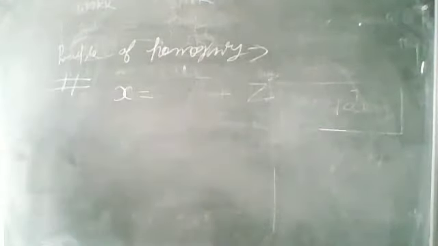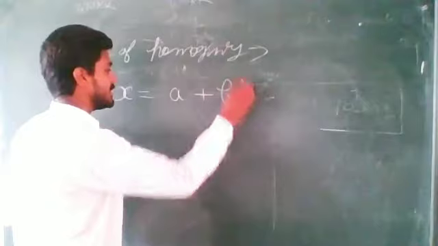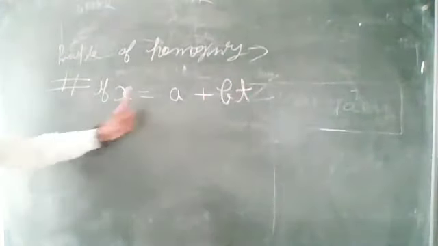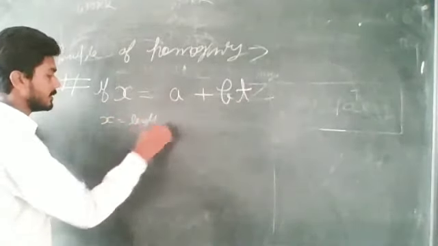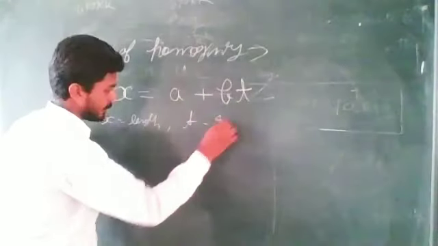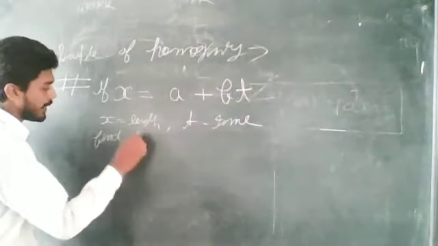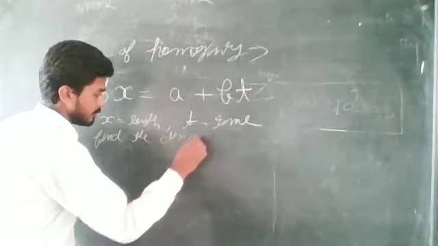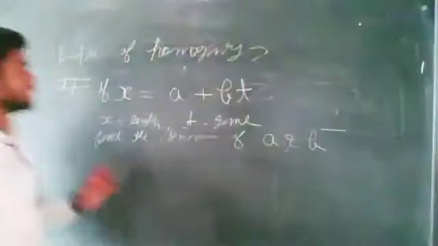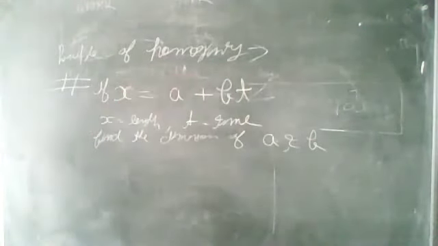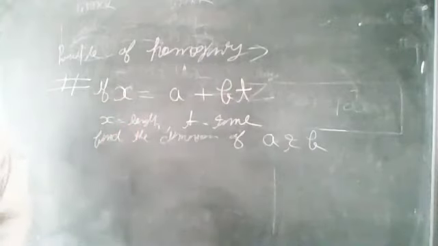There is a question: if x is equal to a plus bt, where x is the length and t is the time, then find the dimension of A and B. I repeat again, if x is equal to A plus bt, where x is the length, t is the time, then find the dimension of A and B.